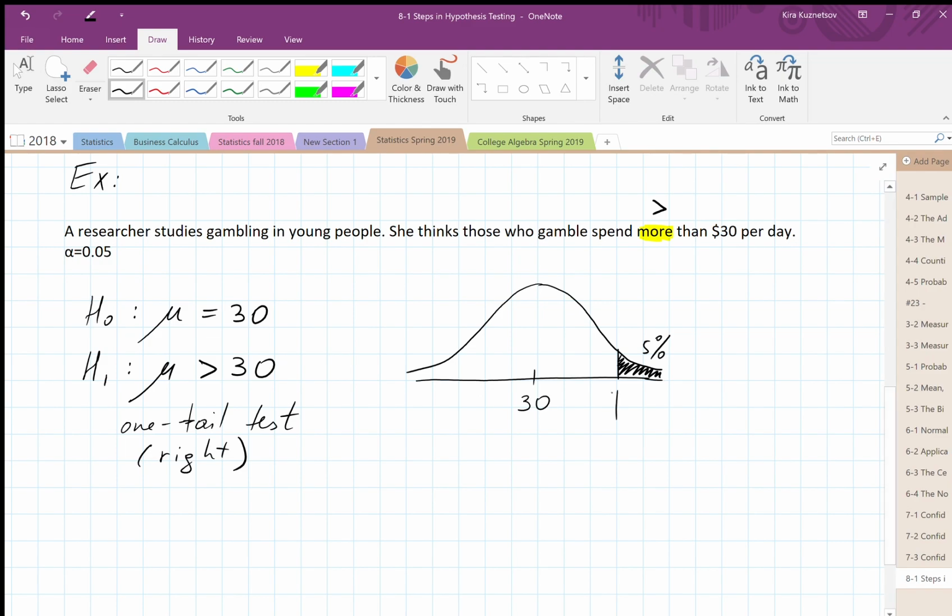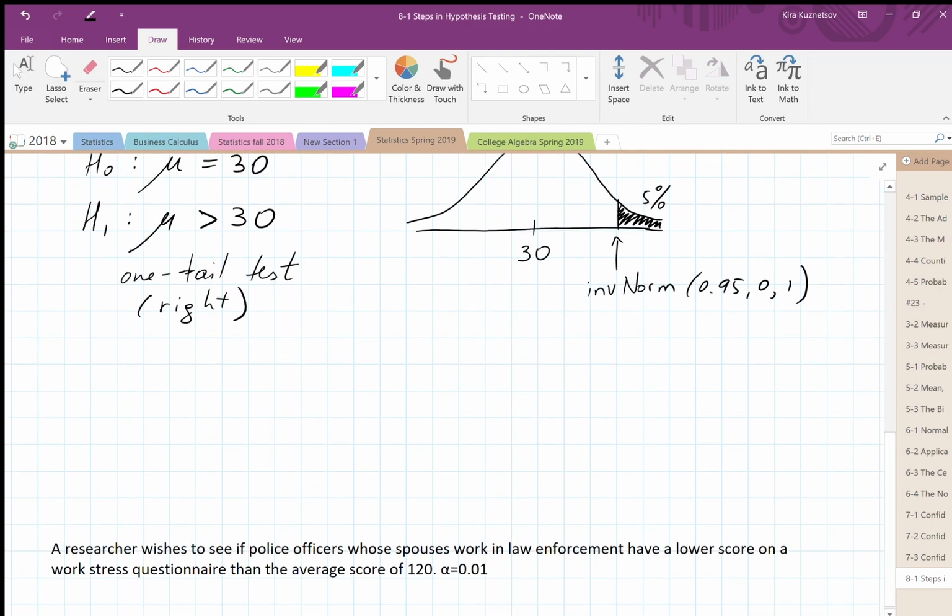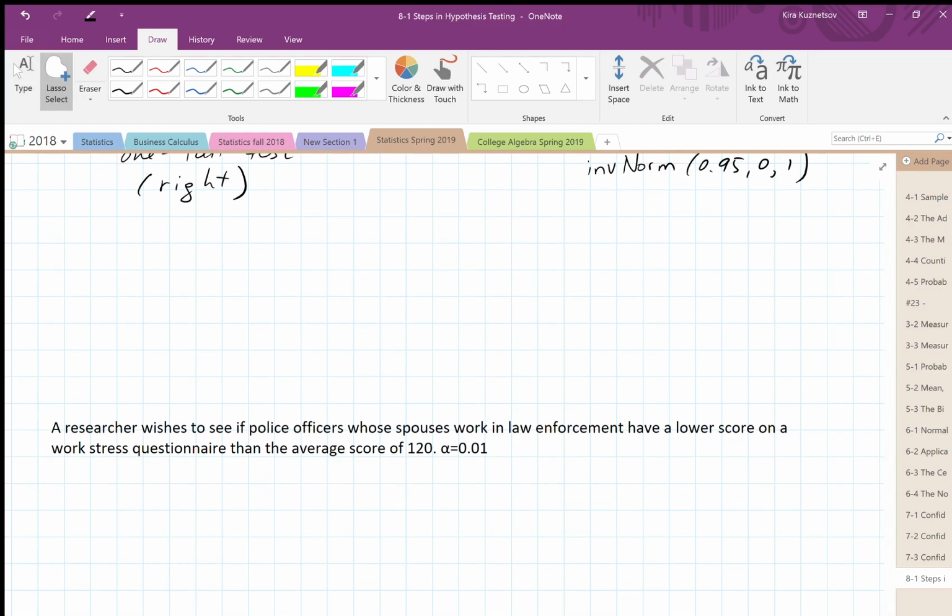In order for me to find that critical region, or the critical number, you'll go inverse, you'll type in inverse norm, and you're interested in the z-score that corresponds to the bottom 95%. So that's what you'll type in order to find your critical number. The setup of this one is now done, and we'll move on to the next problem.